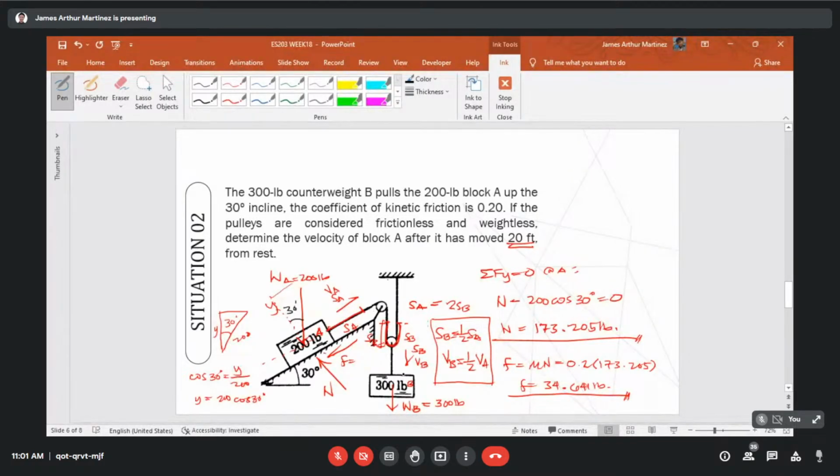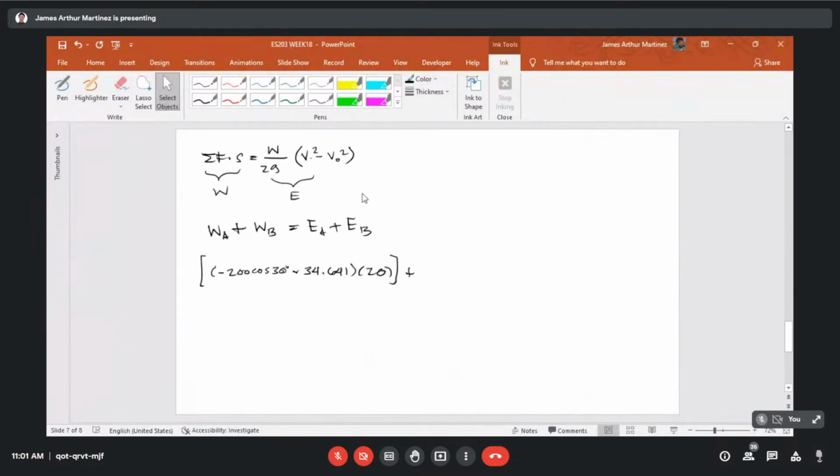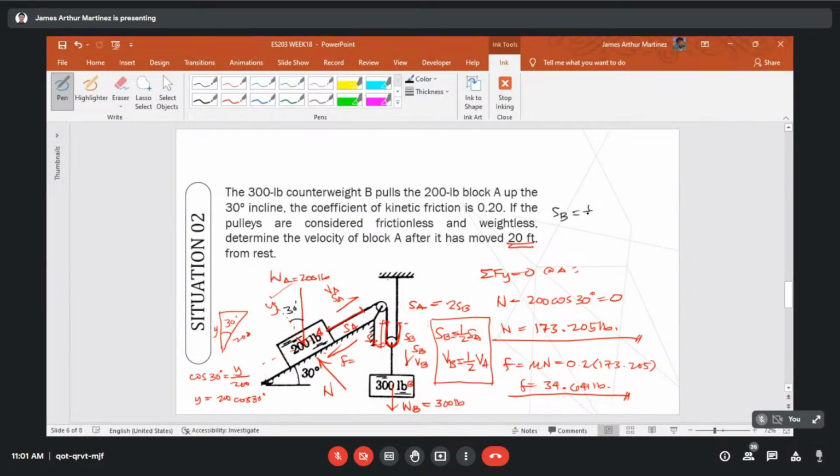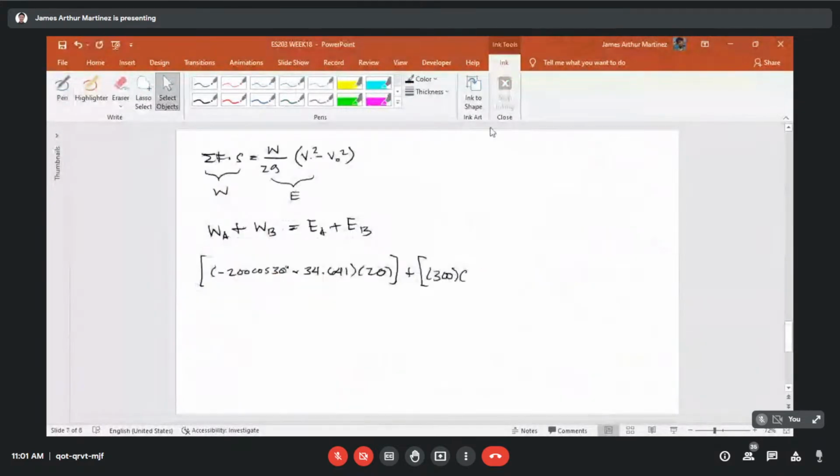So downward is positive here. And therefore, 300 times the displacement. SA is 20 feet, so meaning SB is 10 feet, right?